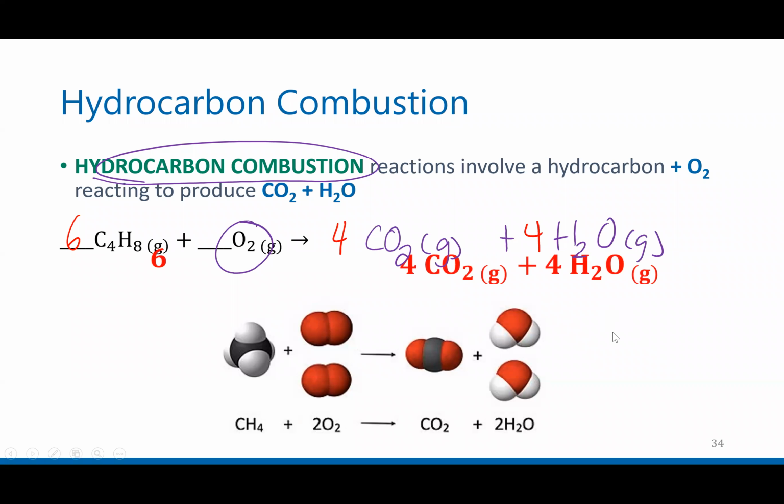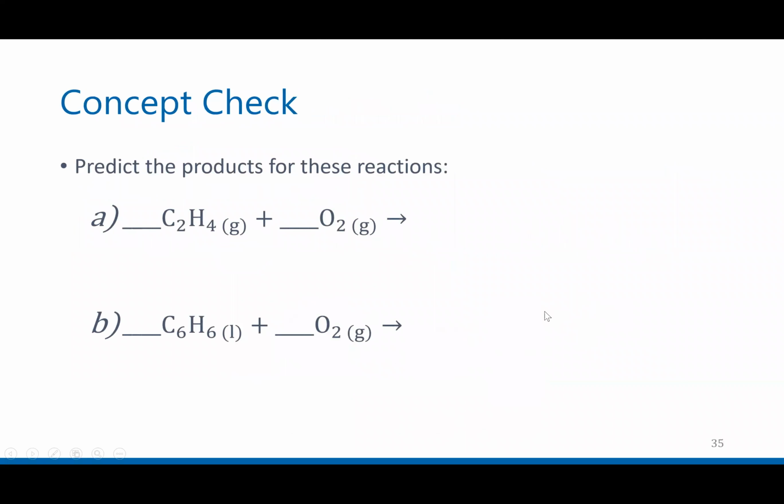Okay, so the finale of today is to predict the products for these reactions and try to balance these equations. Now, some of these might be hard to balance. We'll see. So first things first, anytime you have a hydrocarbon, carbon and hydrogen, and you're reacting it with oxygen, every time in chemistry 1120, the products are always carbon dioxide gas, because remember, we're burning this, and water gas.